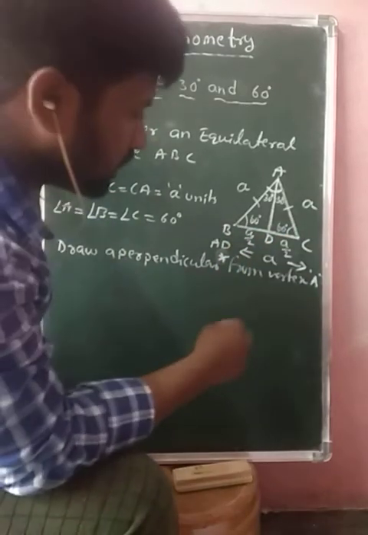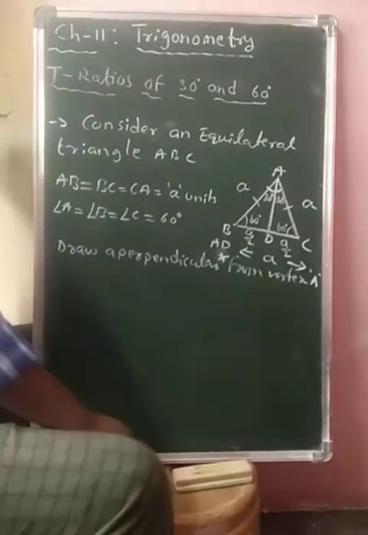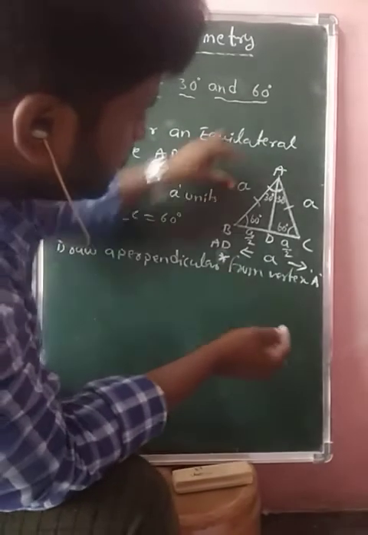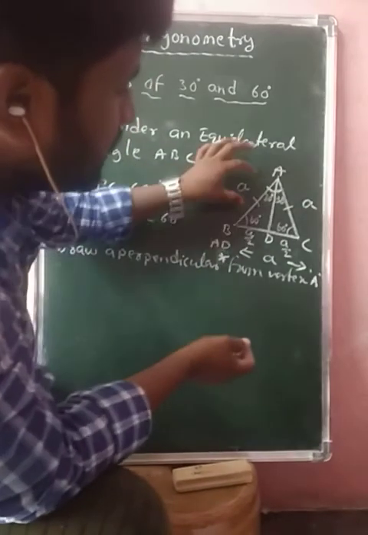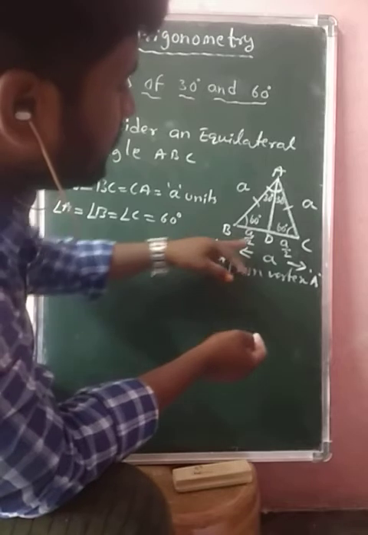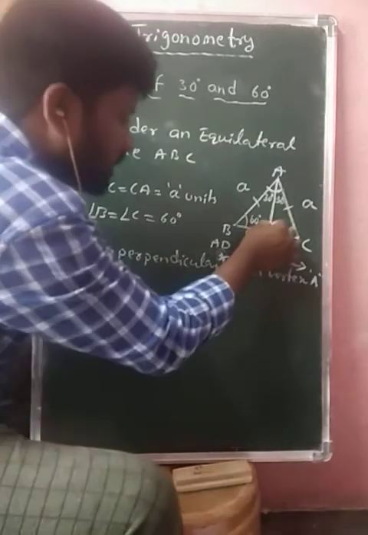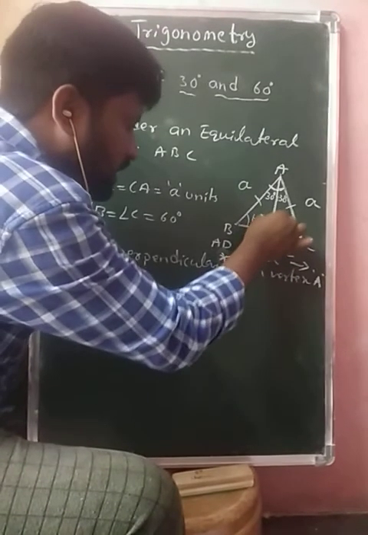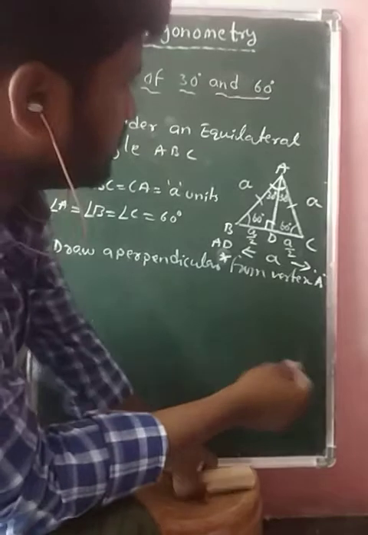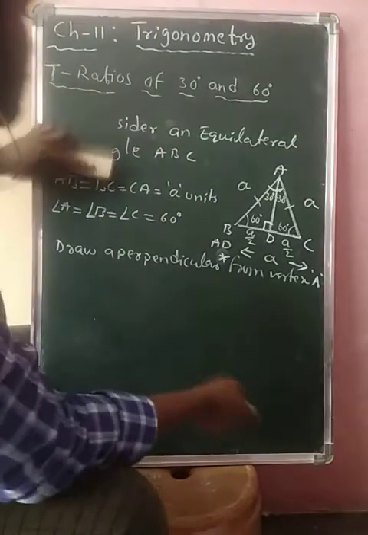Now in this I am going to consider a right triangle ABD. Here angle D measures 90 degrees. This is the main triangle.